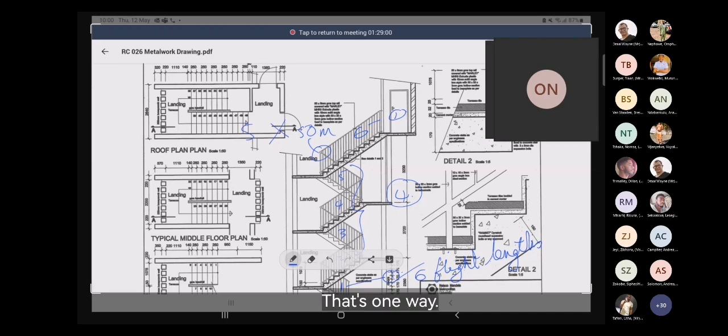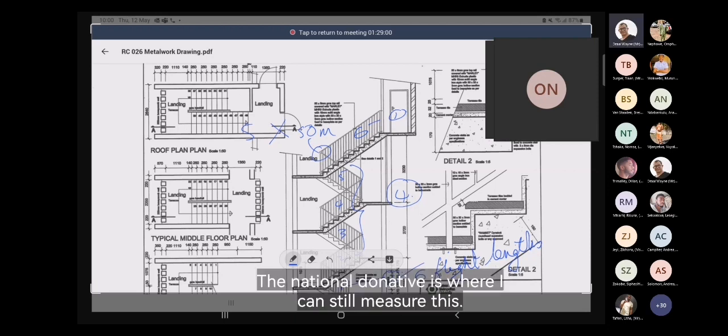That's one way. Right? Then we go through and look at the next alternative. The next alternative is where I can still measure this, but I will now be measuring this in tons.